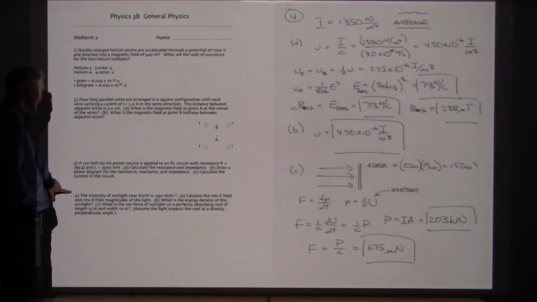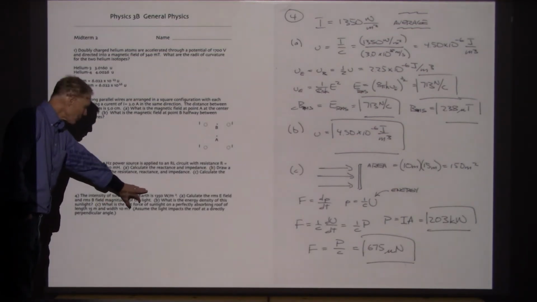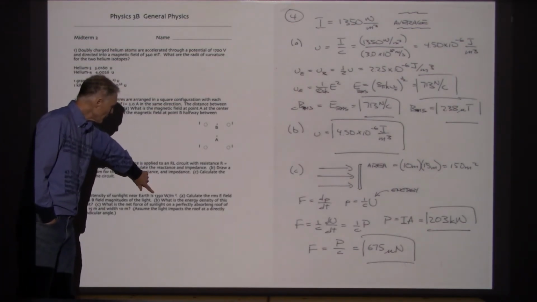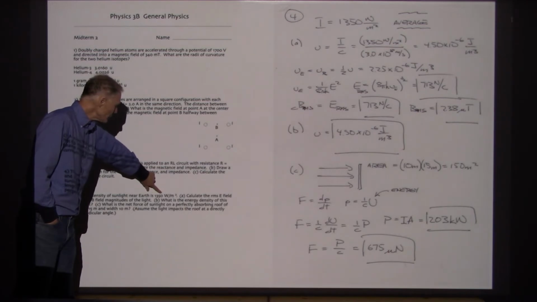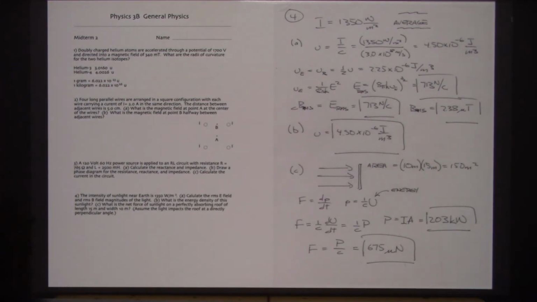So the last one is saying that there's an intensity of sunlight that reaches planet Earth. The sunlight reaching planet Earth has an intensity of 1350 watts per square meter. That's how intense sunlight is at the location of planet Earth.